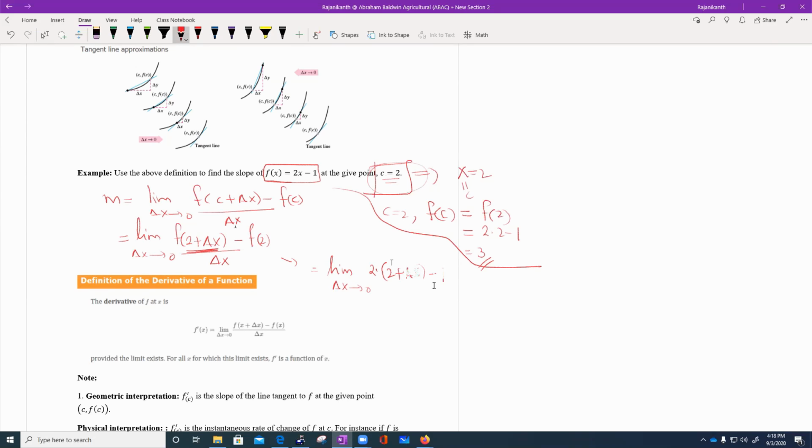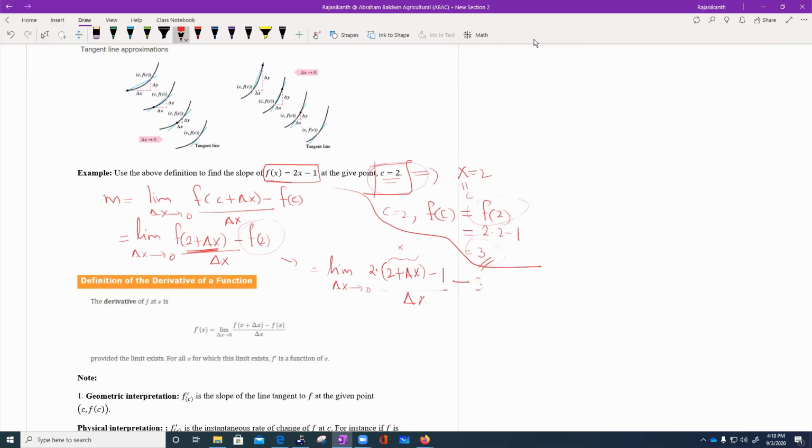Then subtract f of 2, which we just found is 3. Then divide everything by delta x.